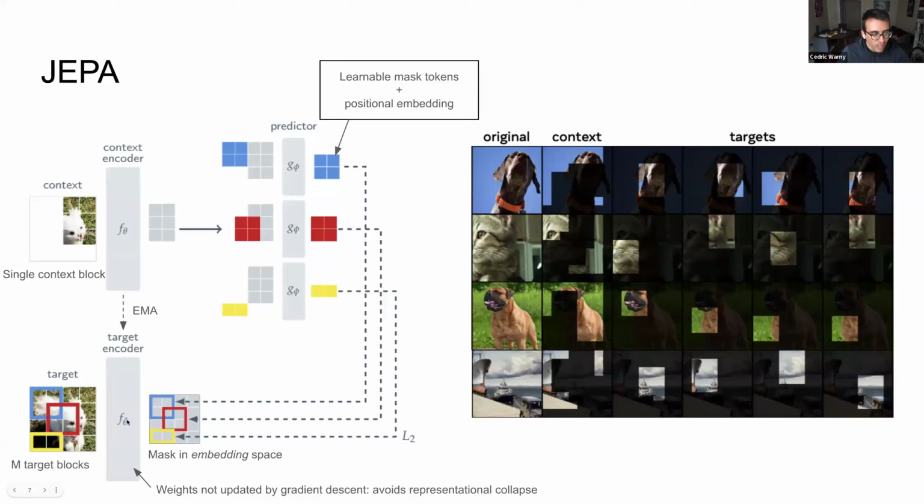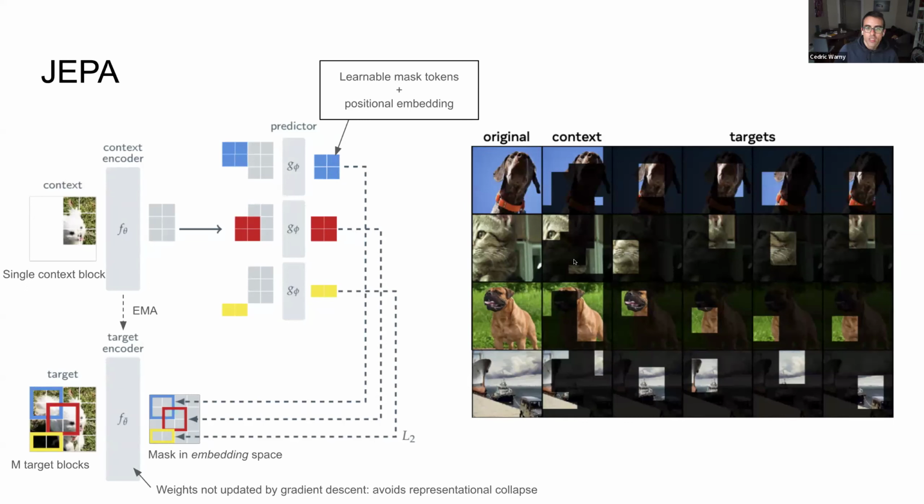So if you see here, you have f of theta bar, which is simply the moving average of f theta in terms of weights. So the weights are not updated by gradient descent, and this is what avoids representational collapse. There's a lot of theoretical studies for why this works. I'm not going to go into those details. But yeah, basically, that's the high-level architecture.